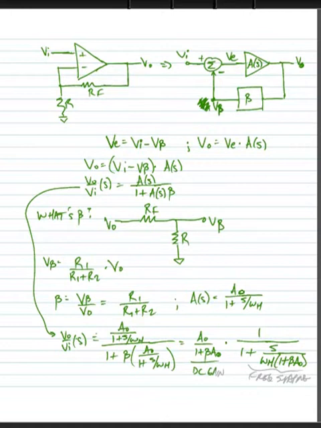This is a DC gain, so this is our low frequency gain, and this is a frequency shaping term.